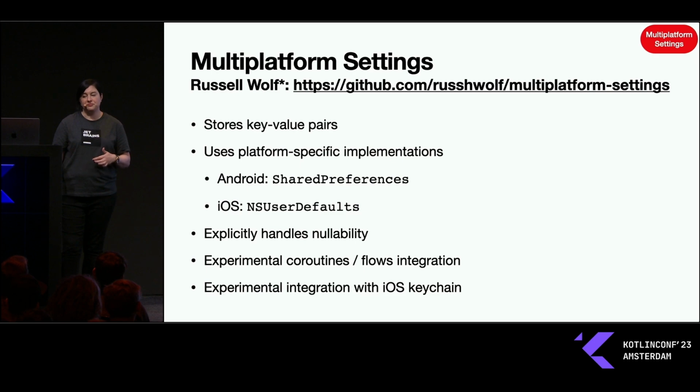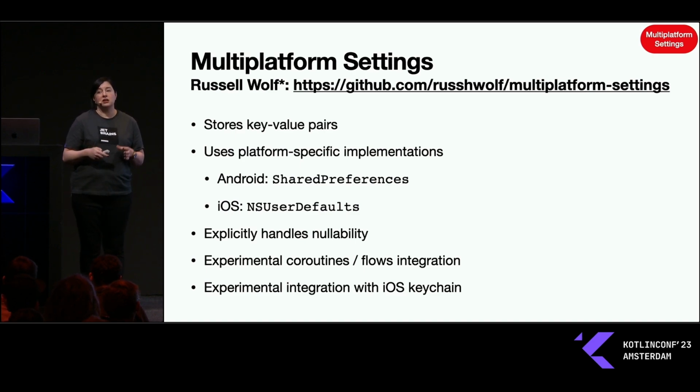There is experimental support for coroutines and flows that, where the platform allows, even allows you to observe the settings as a flow, but you can also use coroutines to put or set your settings. And it also has experimental support for iOS keychains, which, if you have to integrate with a keychain, is really awesome.